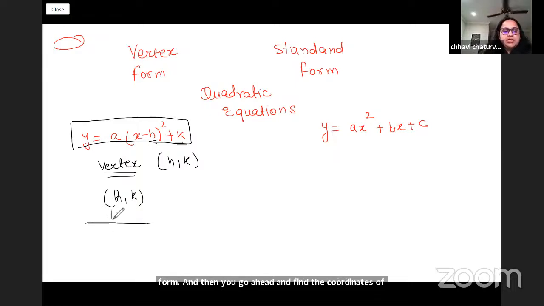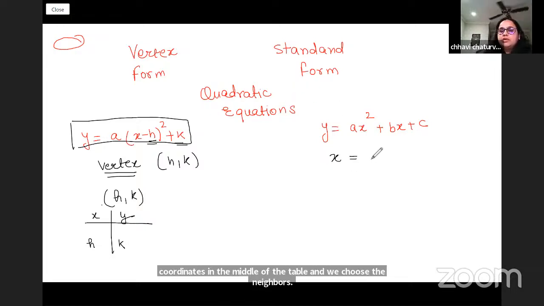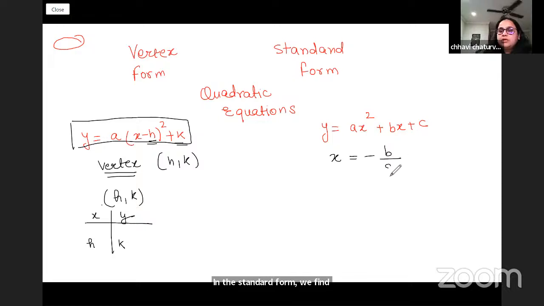We create a table, and we put our vertex coordinates in the middle of the table, and we choose the neighbors. In the standard form, we find the vertex by using the vertex formula, x equals negative b over 2a.